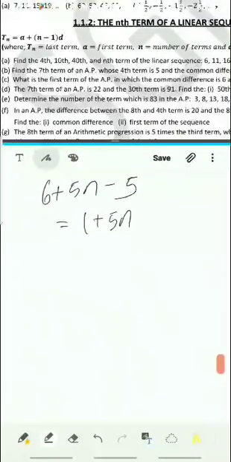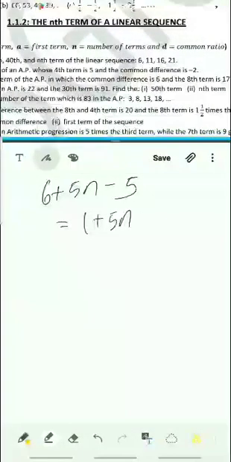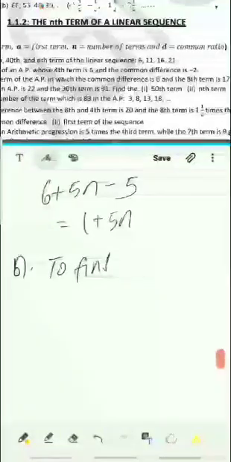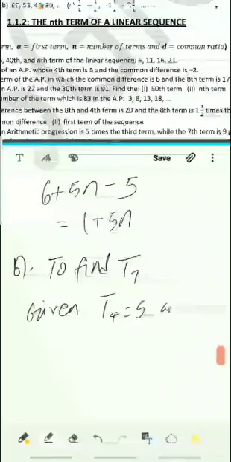Now, number 2. Find the 7th term of an AP whose 4th term is 5 and common difference is -2. For the B part, we want to find T7. We are given T4 as 5 and D as -2.